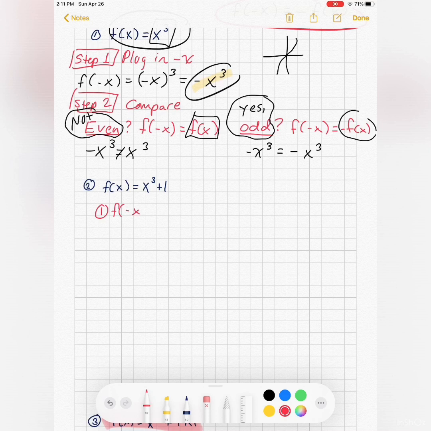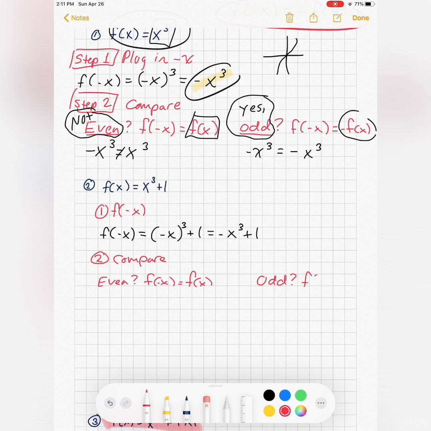Okay, so first thing I do, I find f of negative x. Okay, then I have to compare. So then I'm really setting up and going, is it even? So is f of negative x equal to f of positive x?